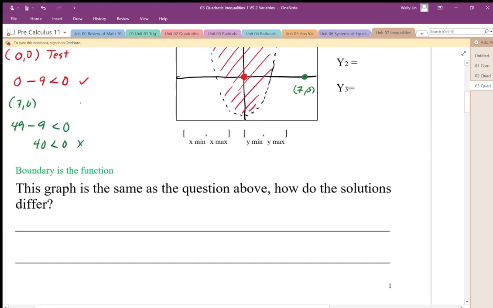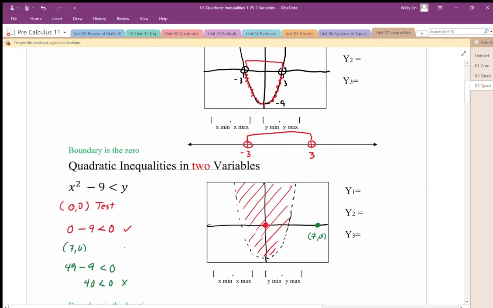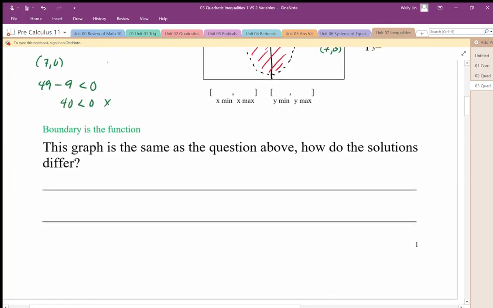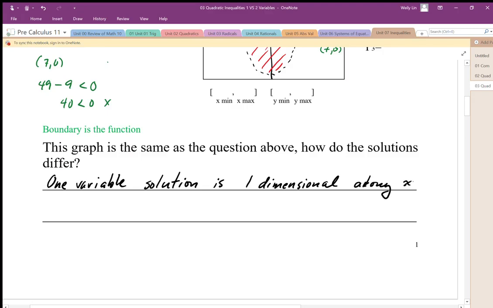So how do the solutions differ then? The graphs are exactly the same. We're graphing the exact same parabola in both cases. So how do the solutions differ? Solutions differ in that in a one-variable situation, the solution is one-dimensional and along the x-axis.